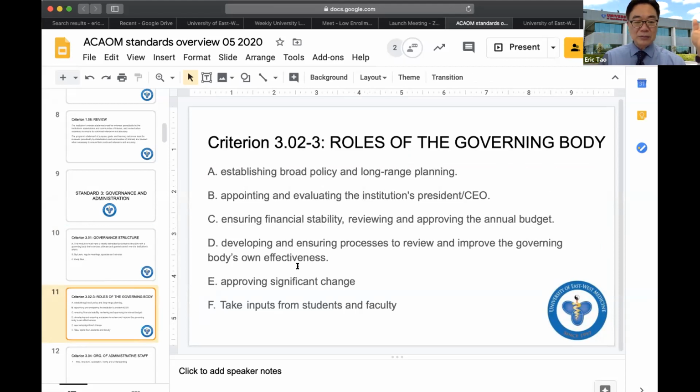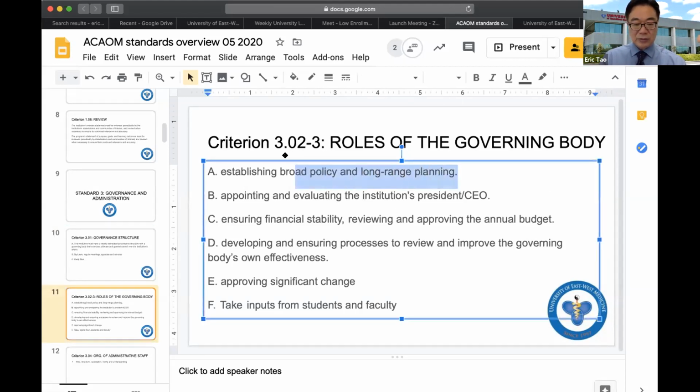Okay, so what does the board do? They do policy and long-term planning, for example, our leave of absence policy or our new program. Second, they select and evaluate the president and CEO. That's why I have to answer to them all the time. And it's important: who is responsible to make sure we have money?